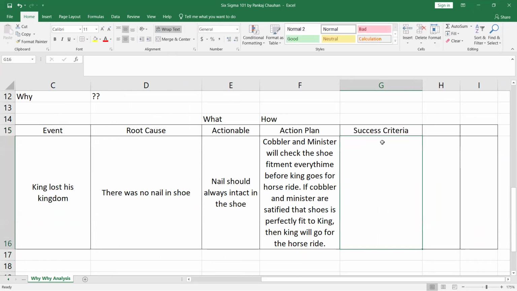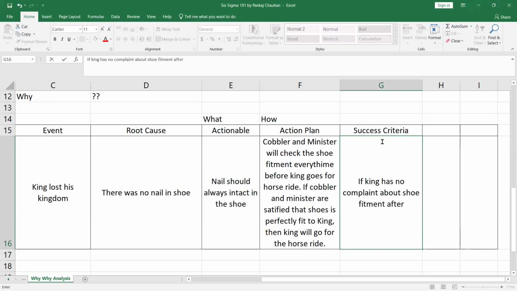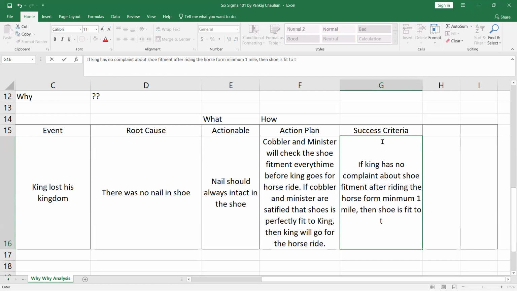The success criteria here may be, let's say, if the king has no complaint about shoe fitment after riding the horse for a minimum of 1 mile, then we will say that the shoe is fit to the king.